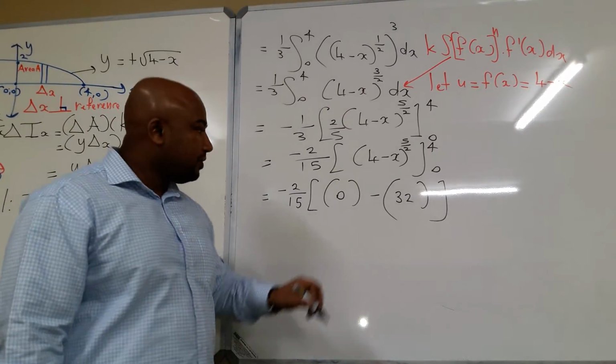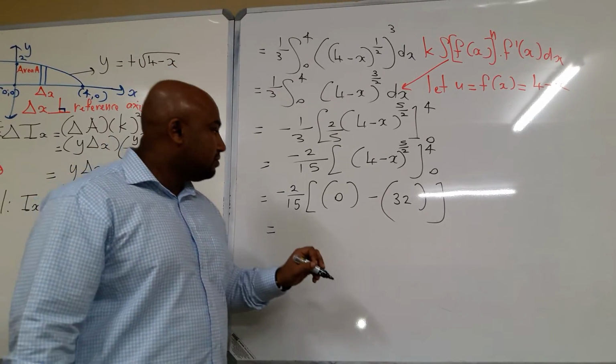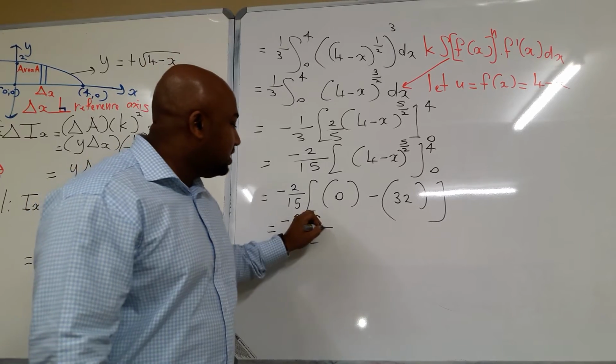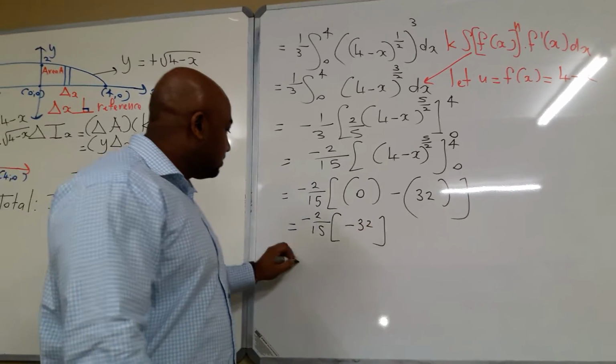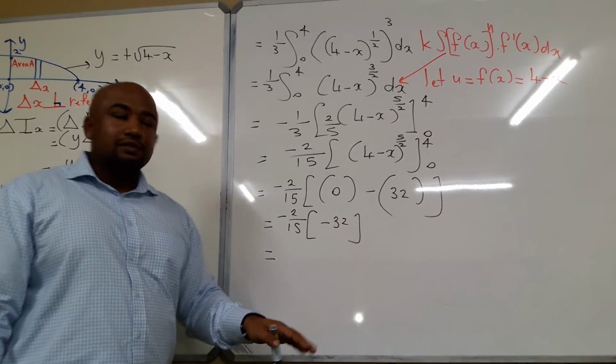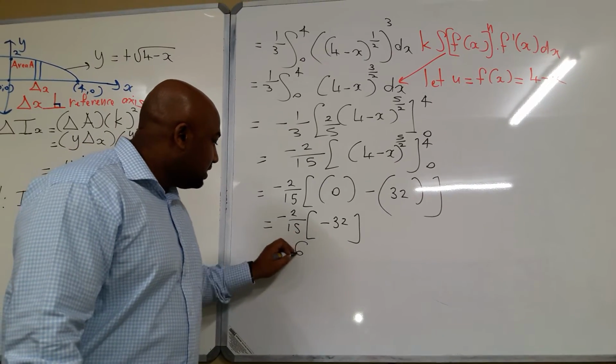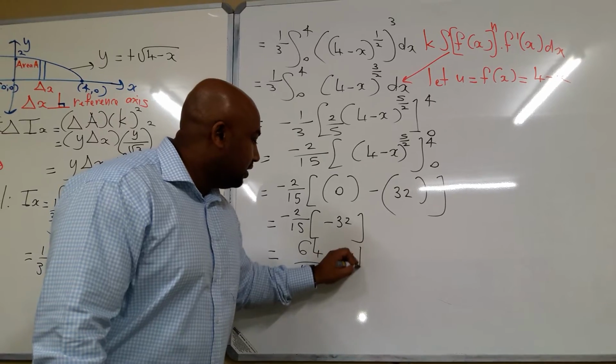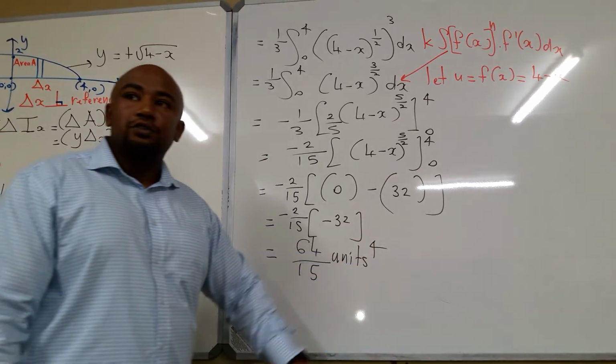Okay. So now, I got my minus 2 over 15. 0 minus 32 is minus 32. Multiply that. Simple, that will be 64 over 15 units to the power 4.